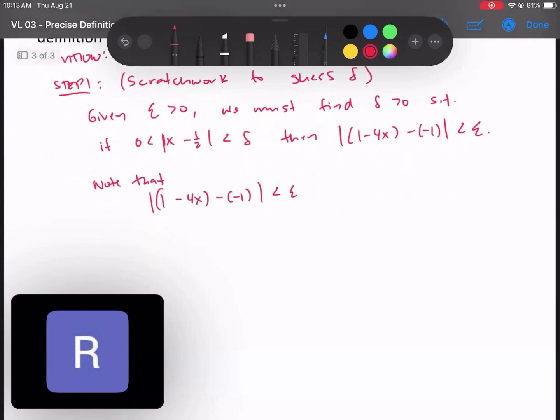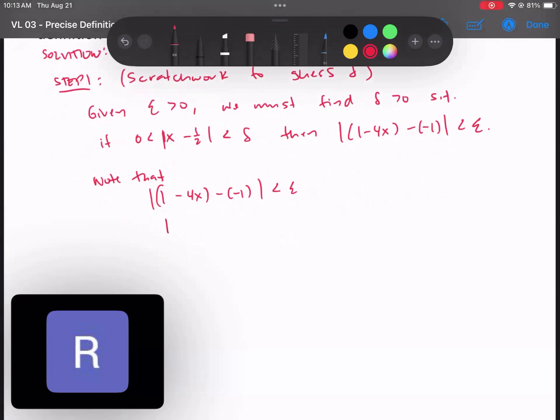So we can rewrite that easily as, 1 plus 1 becomes 2 minus 4x, absolute value, and then less than epsilon. Okay? Because our goal, if you notice the pattern, is to be able to come up with x minus 1/2. So it will have an expression for delta.